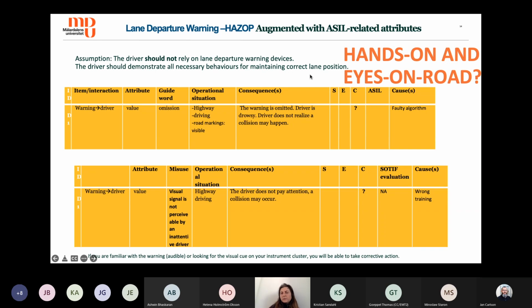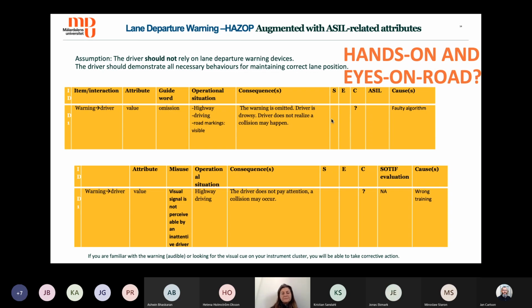So one may wonder, what is the purpose of this functionality if it does not consider the causes of those collisions that are related to lane departure?